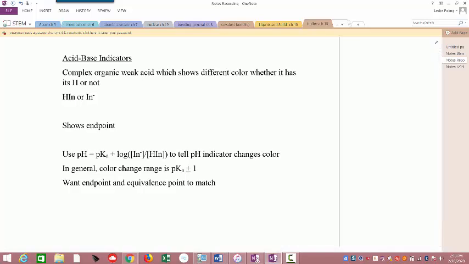Okay, so acid-base indicators. We write indicators generally as this because they're very, very complex. And there are lots of different ones.